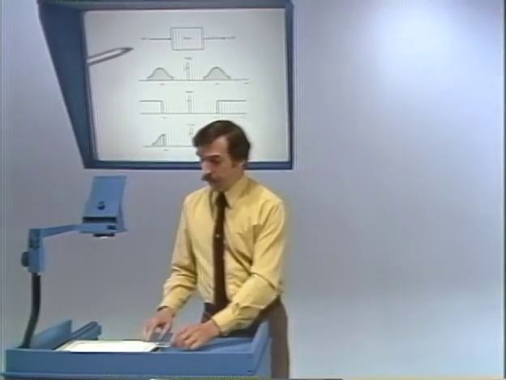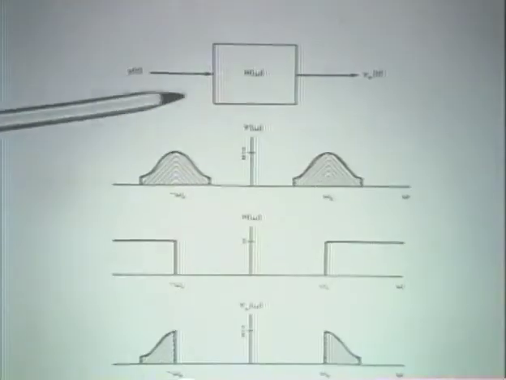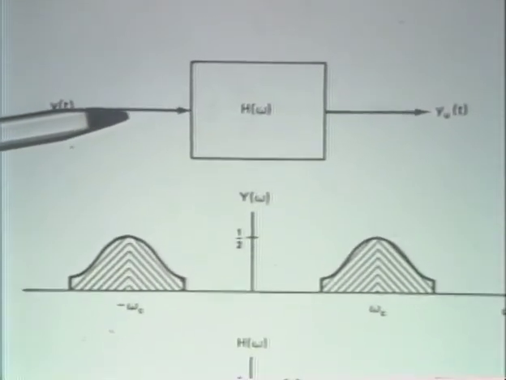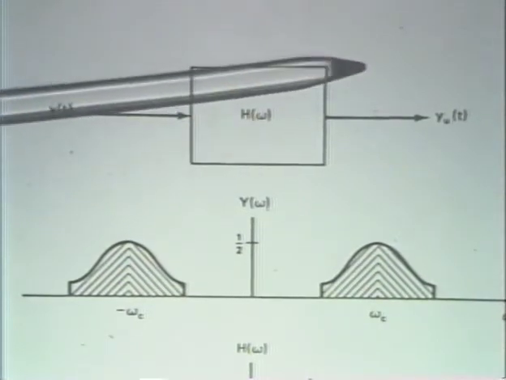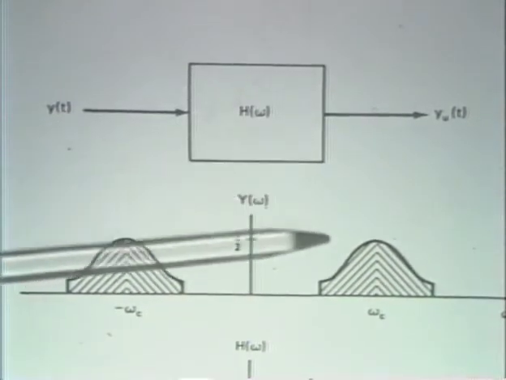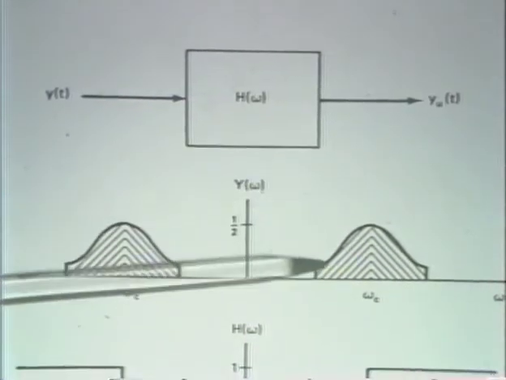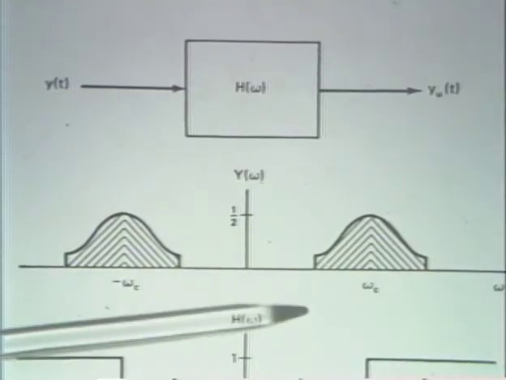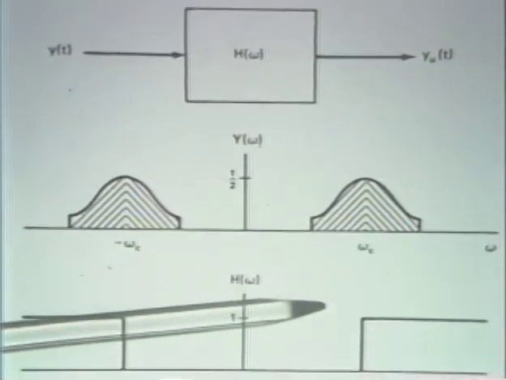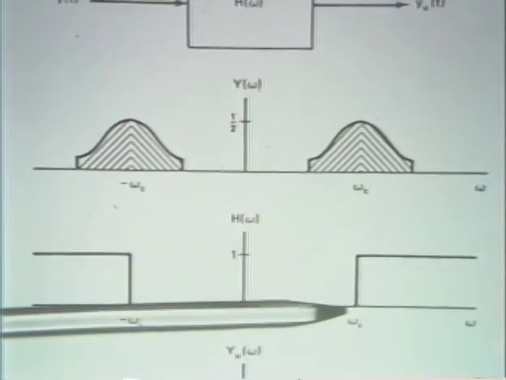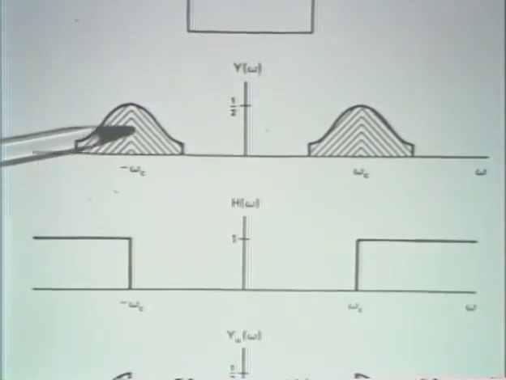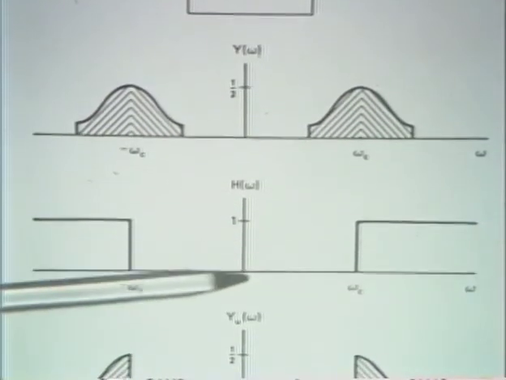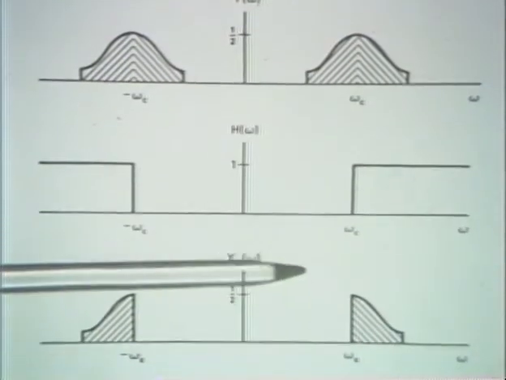The idea simply is that if we have our modulated signal, here's the spectrum of the modulated signal, and if that modulated signal is simply put through a high-pass filter, then the result will be to eliminate the lower sideband if we choose the high-pass filter to have a characteristic as I indicate here. So this, of course, conceptually is a very sharp cutoff filter, and what it eliminates are the lower sidebands, and the resulting spectrum is what we have below.